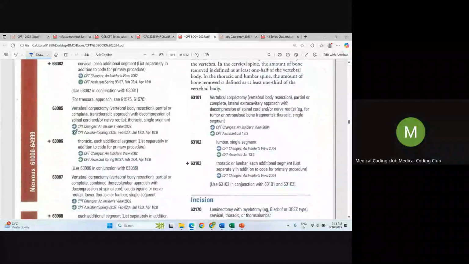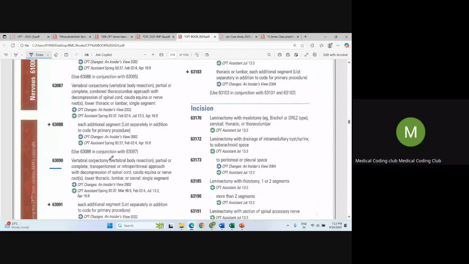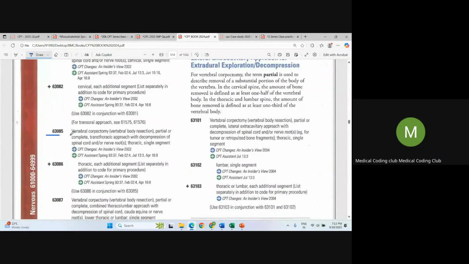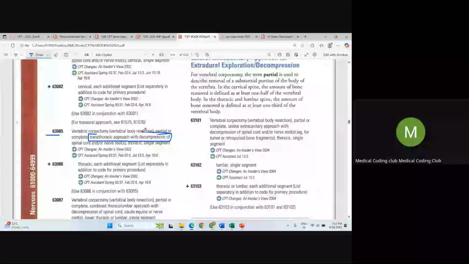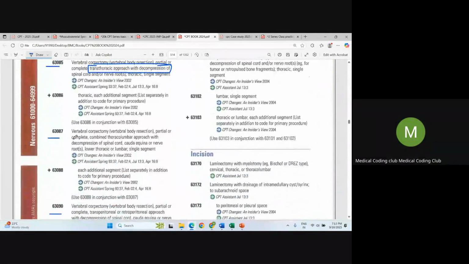So you have option 63085 and 63090. So you can see 63085 is vertebral carpectomy, partial or complete, transthoracic approach with decompression. Okay. 63087, vertebral carpectomy, partial or complete, combined thoracolumbar approach.